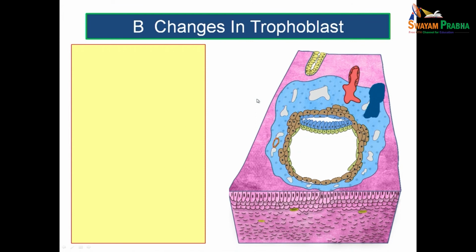Now, let us see what changes are happening in the trophoblast. This is the trophoblast. We have the inner cytotrophoblast and the outer syncytial trophoblast.